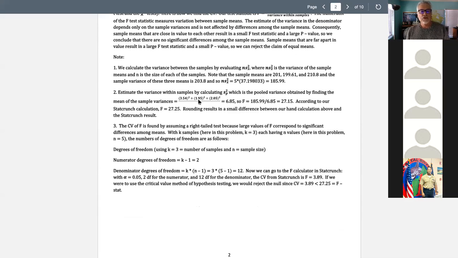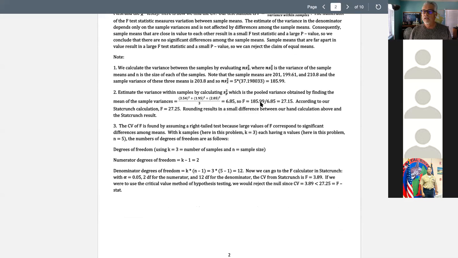Okay, so if we take that average, add up the squares of those 3 standard deviations, we get the value 6.85. So our F statistic is the ratio of n s squared x bar, which is 185.99, and the pooled variance here, the mean of the sample variances, is 6.85.